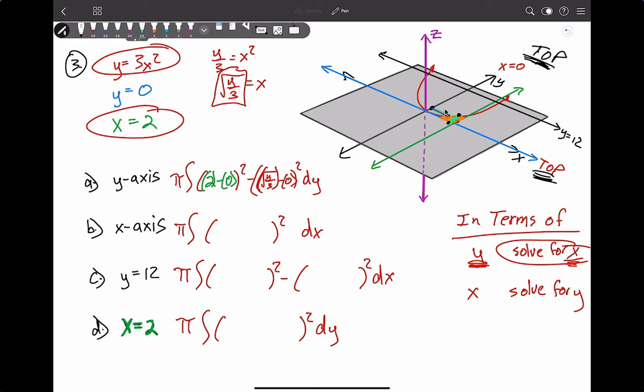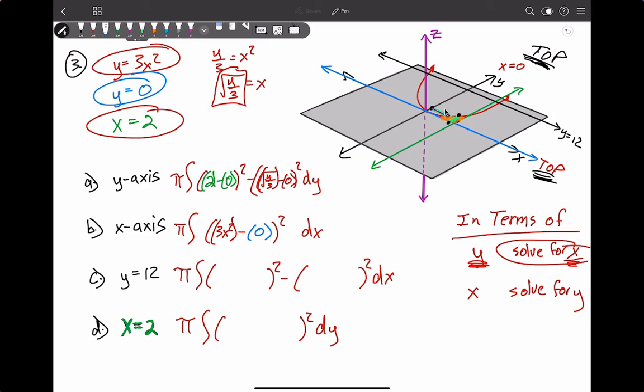My top function is the red one, which is now in terms of x. I'm going to subtract the bottom one, which in this case is the blue x-axis, otherwise y is equal to 0. So I'm just going to subtract 0. The top minus the bottom, that's the radius. Because this isn't a washer, that's it. We're done. So it'd be 3x squared minus 0.